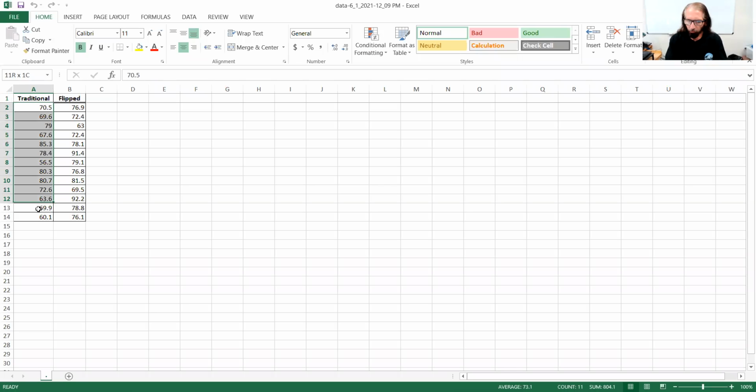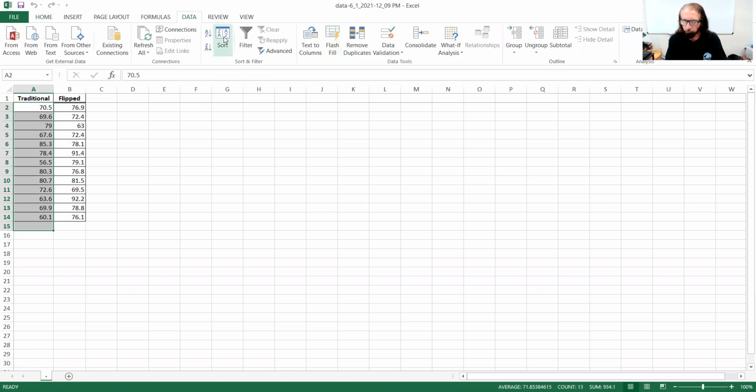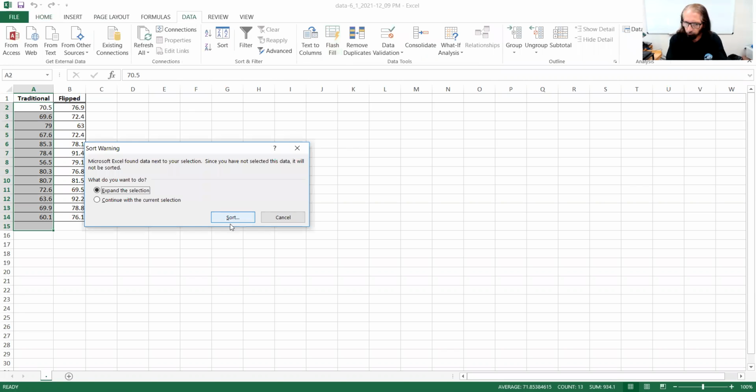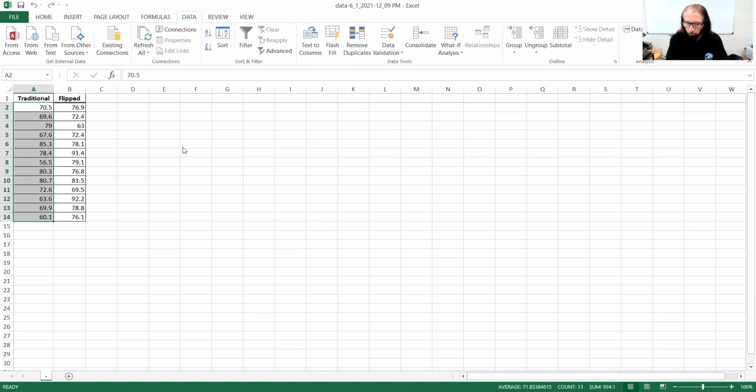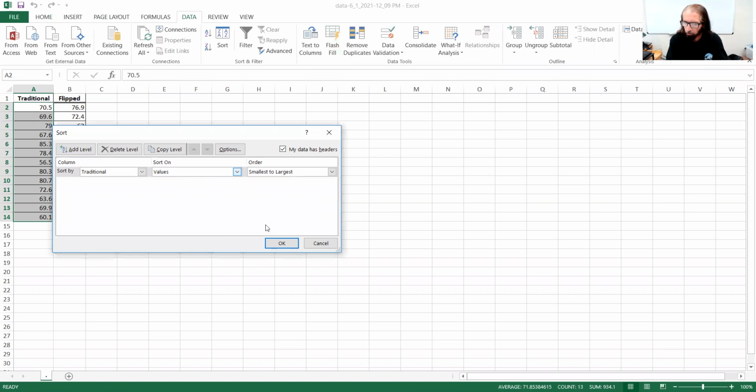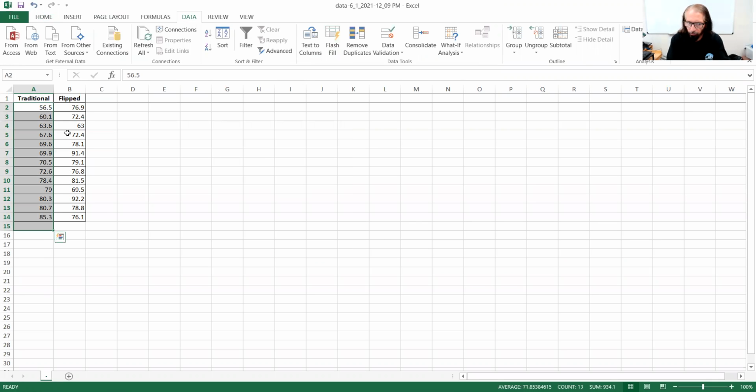So I'll do that for the traditional lecture class, going over to Data and Sort, and we'll go from smallest to largest. Then I'll do the same here.